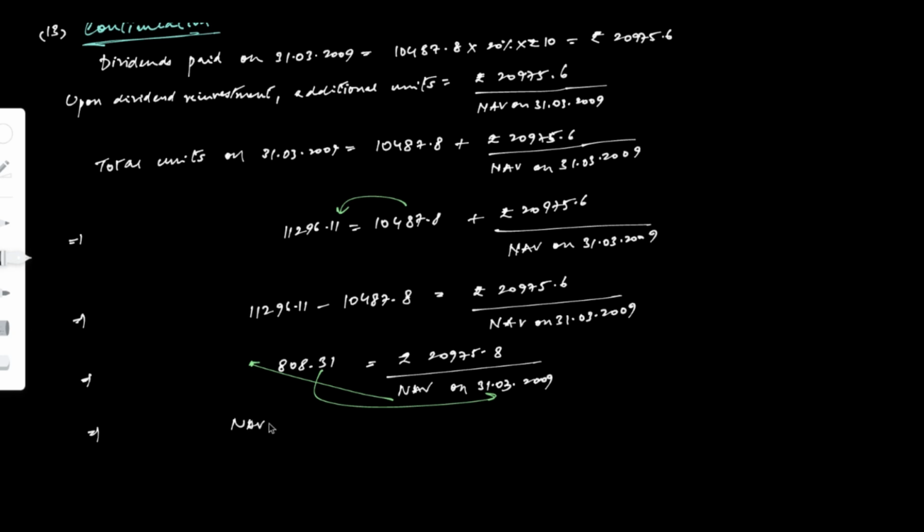So NAV on 31/03/2009 is nothing but 20,975.6 divided by 808.31, that is, sorry, this is 20,975.6. 20,975.6 by 808.31, that is 25.95.